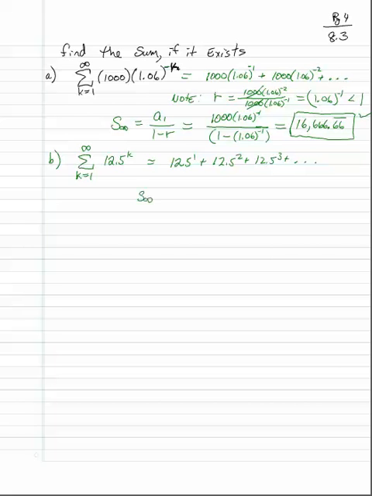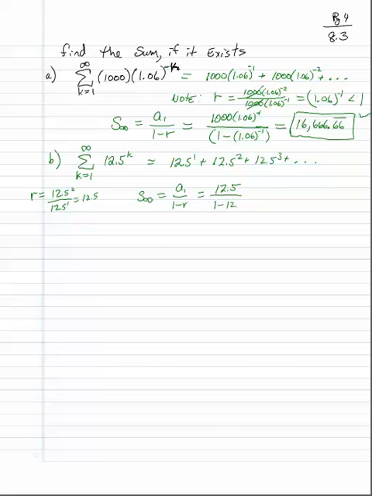So S sub infinity is A sub 1 over 1 minus r, which is 12.5 over, now note r is 12.5 squared divided by 12.5 to the first, which is 12.5.